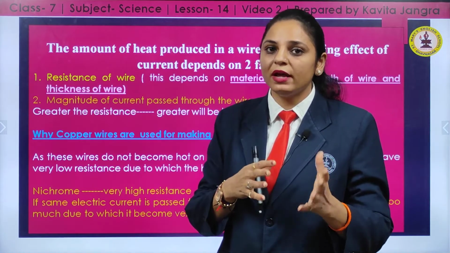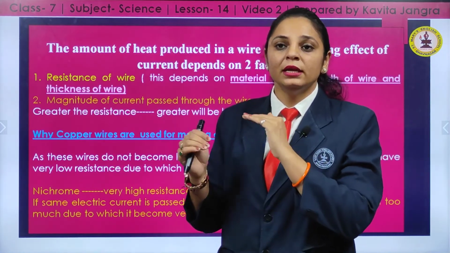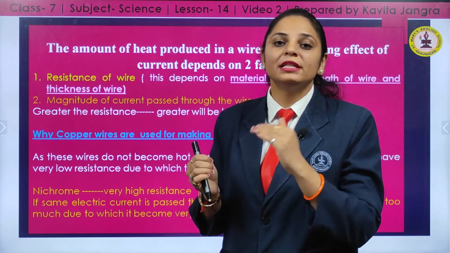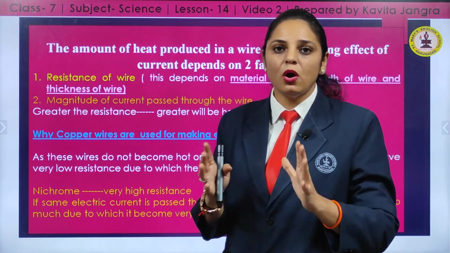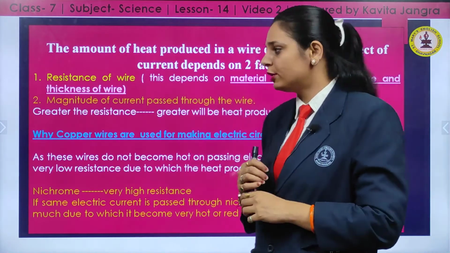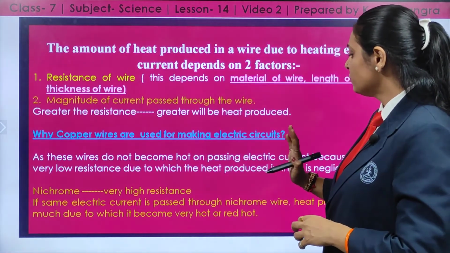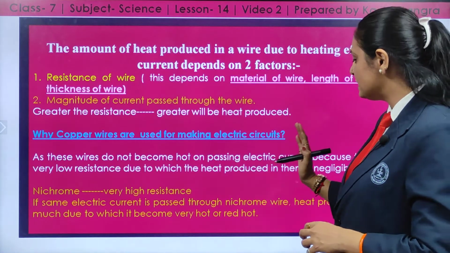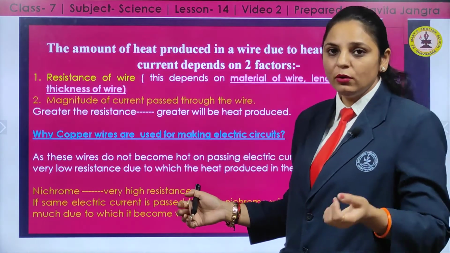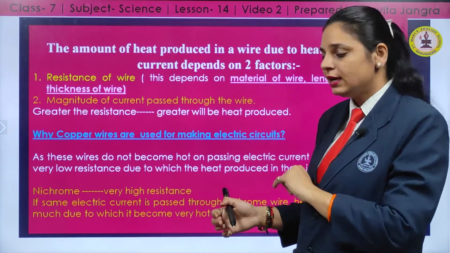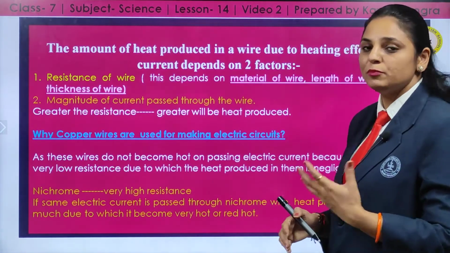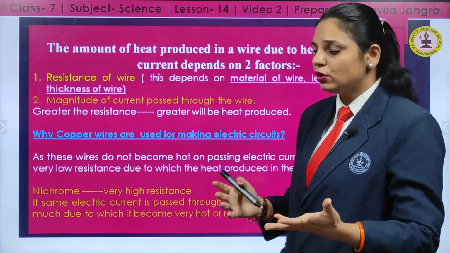So copper wires are very advantageous to use because they have low electrical resistance, and they will not become hot, and it will prevent burning also. So copper wires do not become hot on passing electric current because they have very low resistance. Their opposition to the flow of electric current is less. That's why the heat produced in them is negligible, not at all.